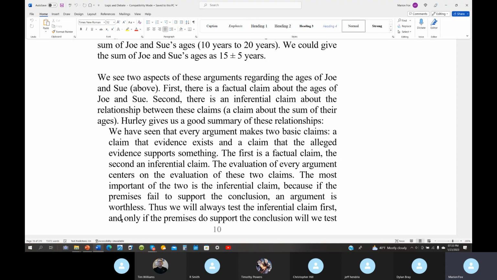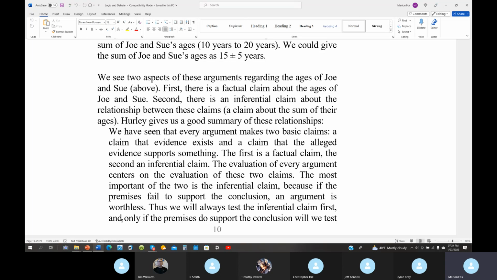Now, in evaluating an argument, we have to evaluate both of these claims. For instance, when we were looking at the sum of the ages, the valid process was to add the ages. Now, in one instance, we subtracted them, and of course we even got the right answer in that instance. But the most important of these two claims is the inferential claim.